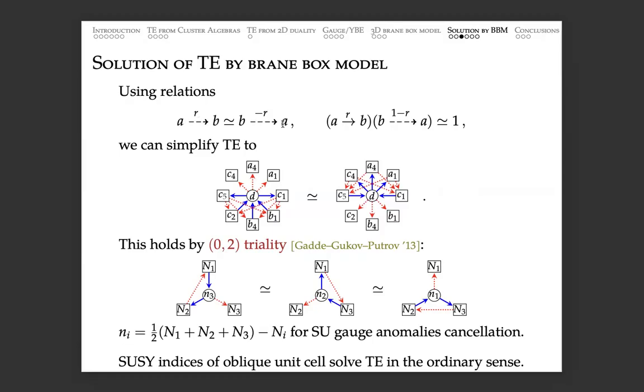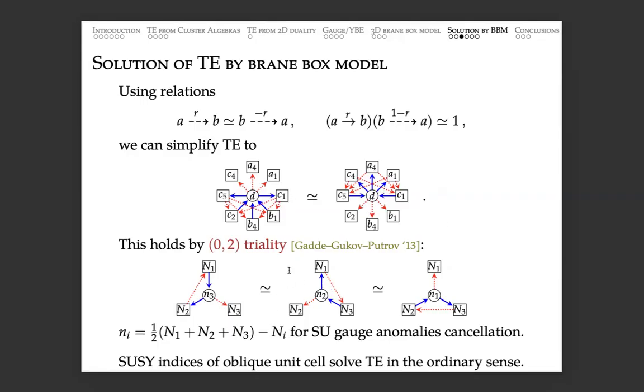If you use these relations, then the tetrahedron equation for this unit cell theory can be simplified to this picture in the middle. Each side of this picture represents some 2-dimensional (0,2) theory, and they are actually known to be dual to each other. Like I said, there's actually triality: a triple of theories which are dual to each other in the infrared, and two of them are these.